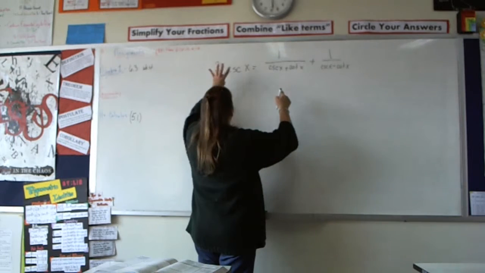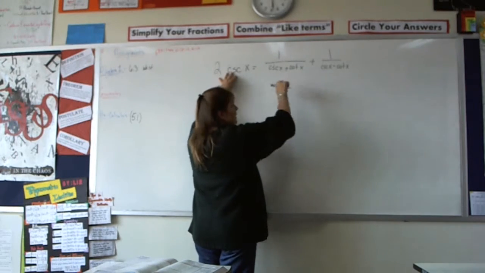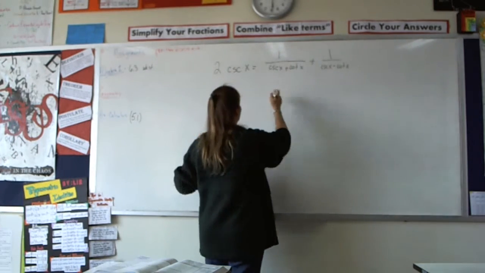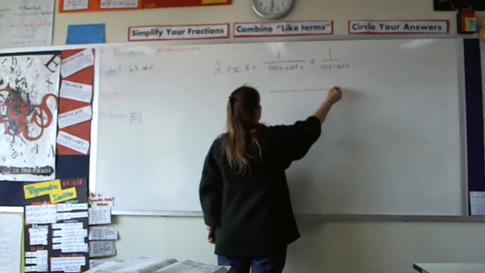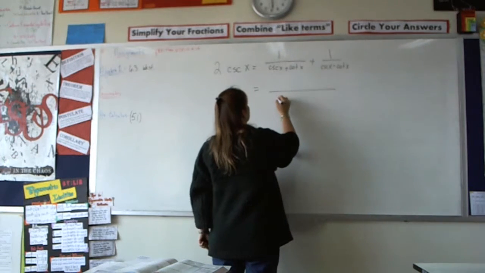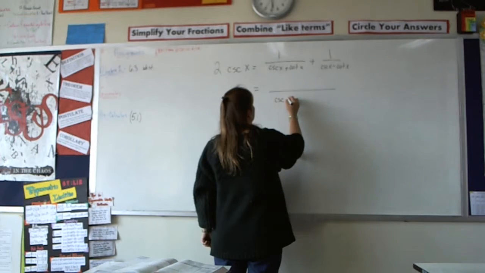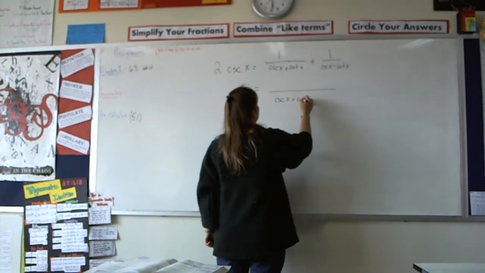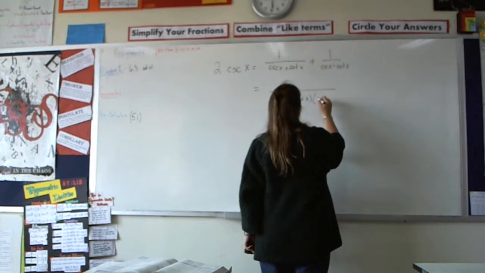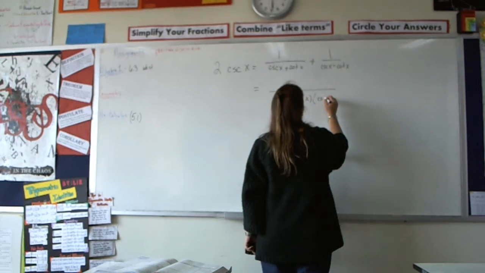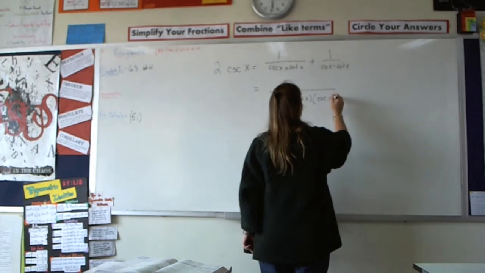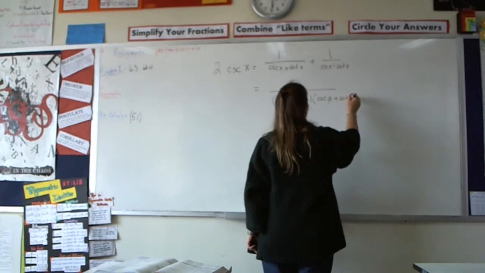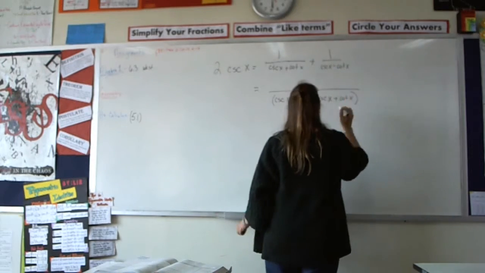But that's okay. We're going to leave this side, and we're going to work with this side since it's got 2 fractions. Okay, let's make it into 1 fraction. What's going to be our denominator? This times cosecant squared. I'm going to write this for this moment because I want to put this on top.